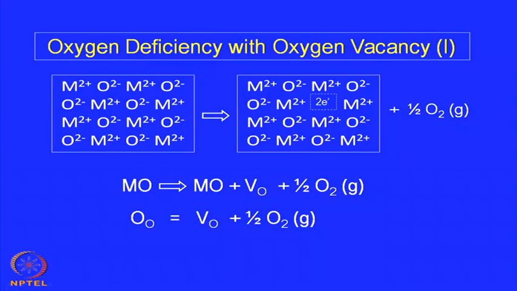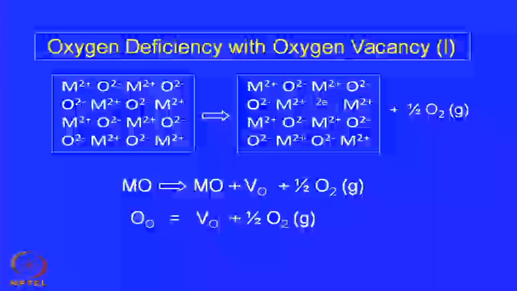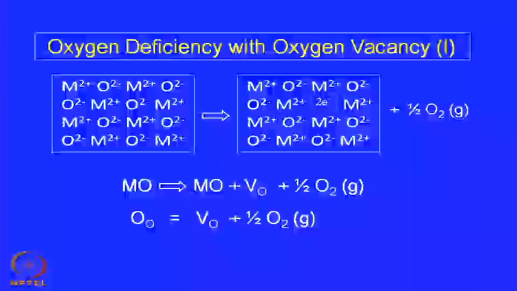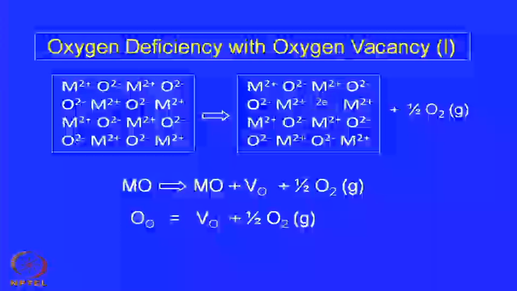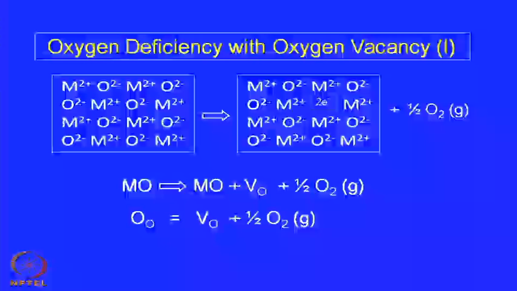When you are talking about non-stoichiometric oxides, there is a strong correlation between non-stoichiometry and the defect concentration. So, all non-stoichiometry is actually the result of creation of some defects.